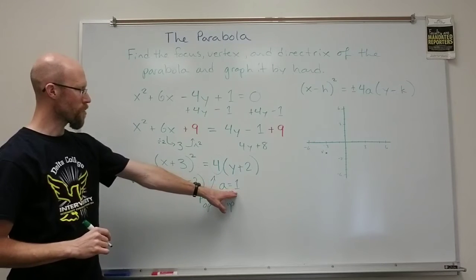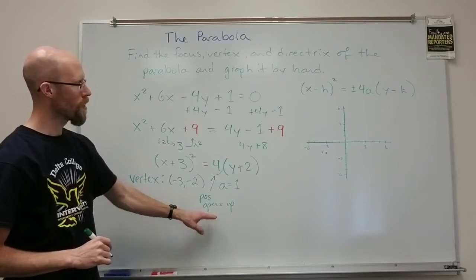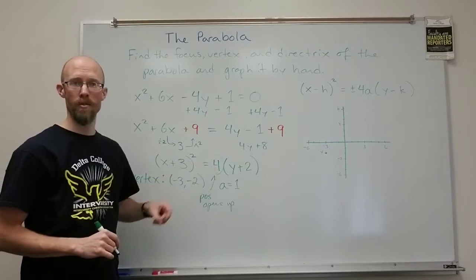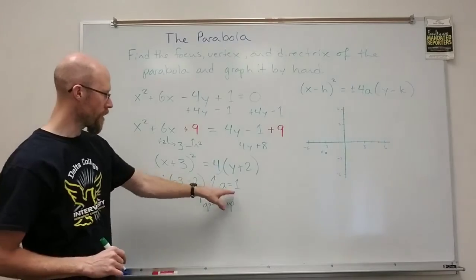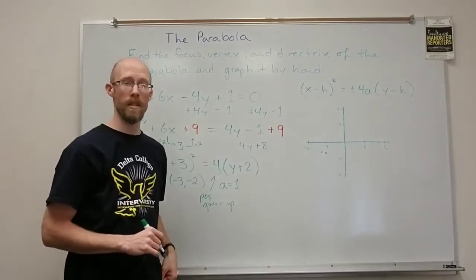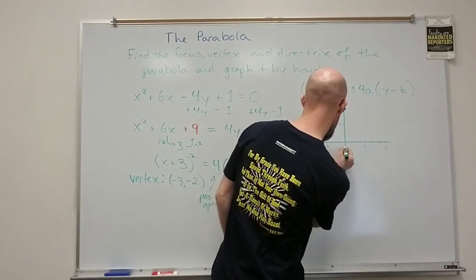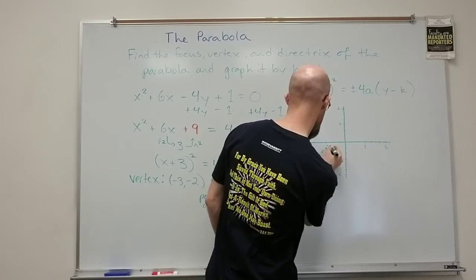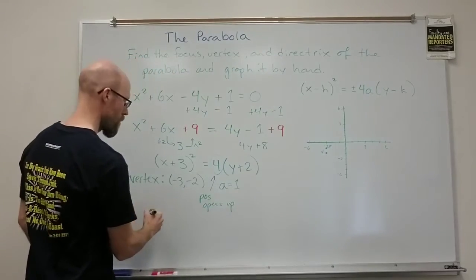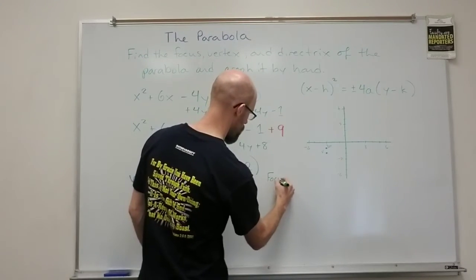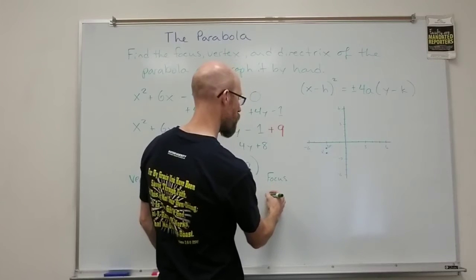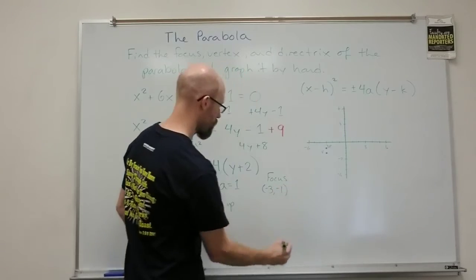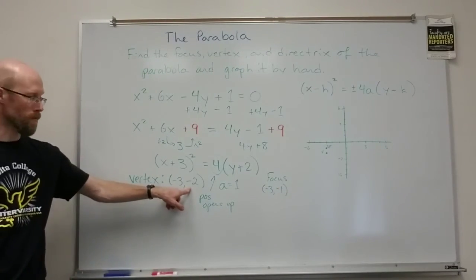Then the a value being 1, I know this opens up based upon the variable that has a square and the positive coefficient here. And so if the a value is 1, that means I need to go up 1 to get to the focus. That would be right there. So the focus, F, is at the point -3, -1. We just went up 1 from the vertex.